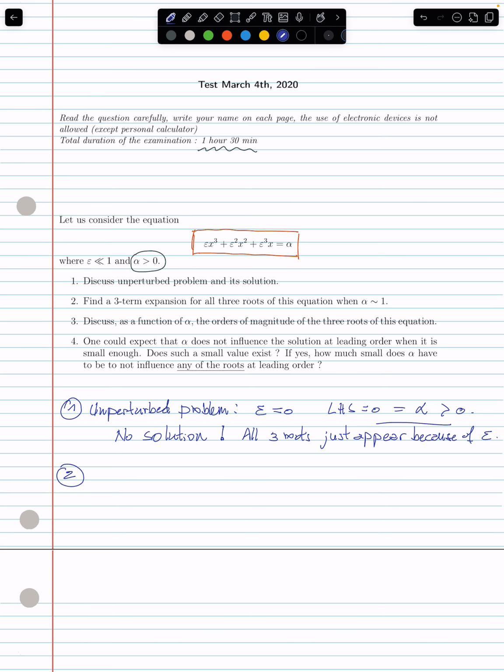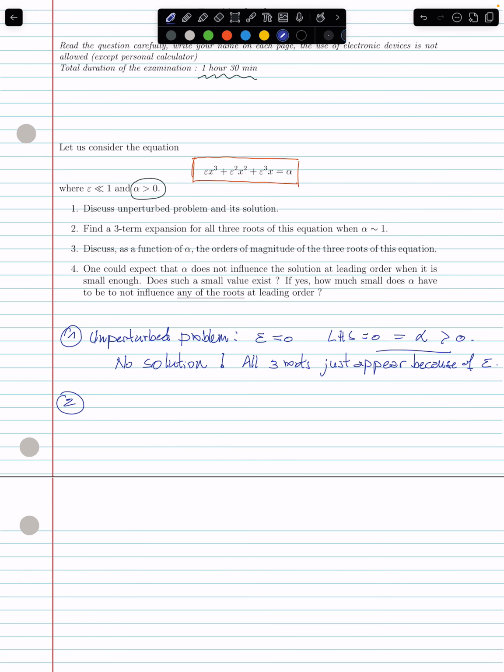Second, find a 3-term expansion for all 3 roots of that equation. So we just know here at this point that we should expect 3 large roots. By the way, is the problem a regular problem or a singular problem? Take a second to think about it.